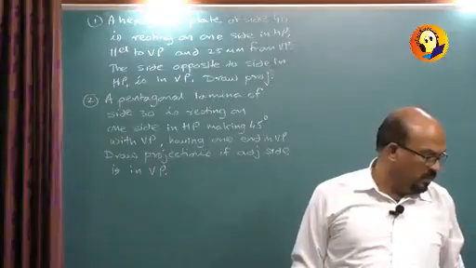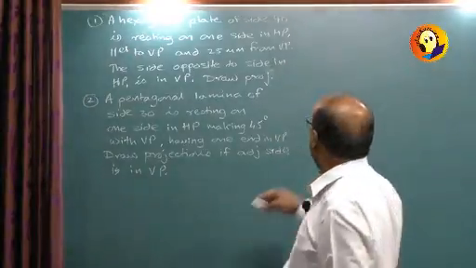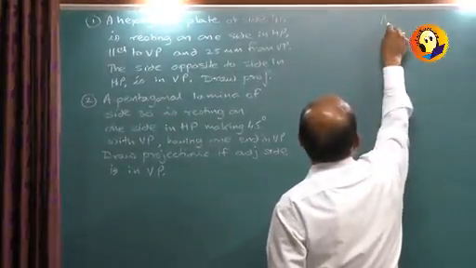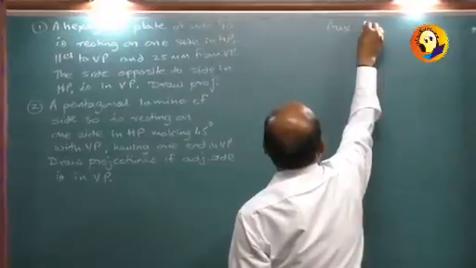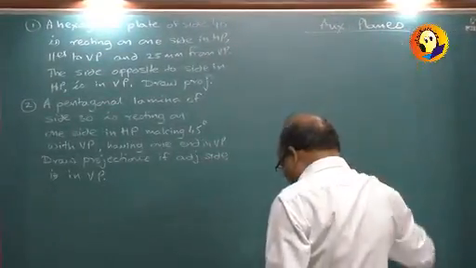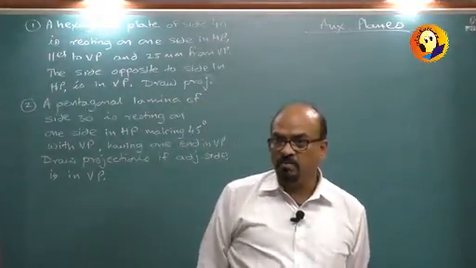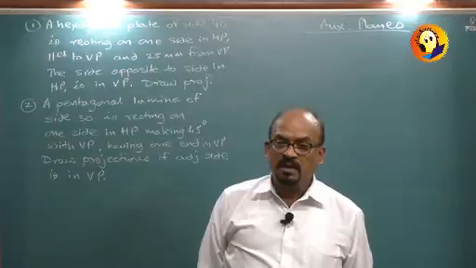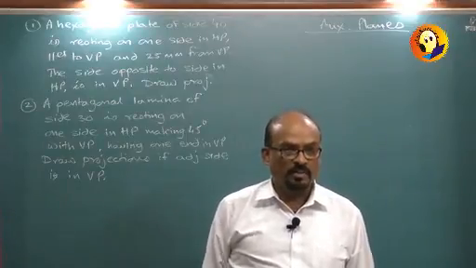Now here we are going to start with the new part in projections of planes, called auxiliary planes. And these two problems actually cannot be solved by the usual technique. Observe that in both the cases they have not given us the angle made by the plane. It is not there only.